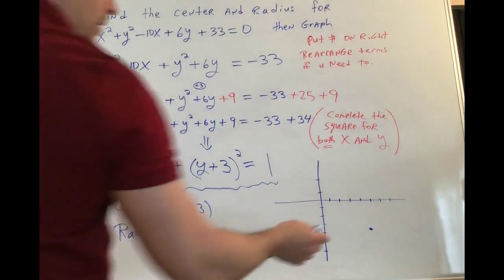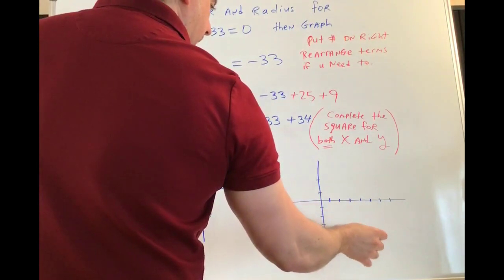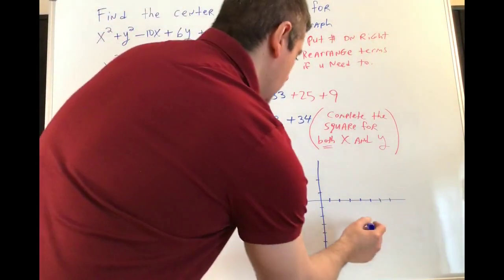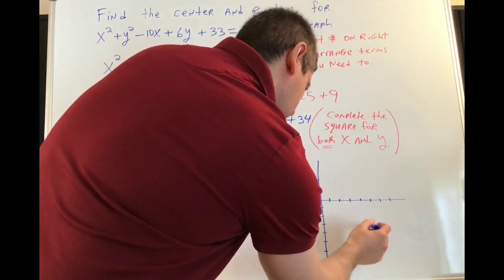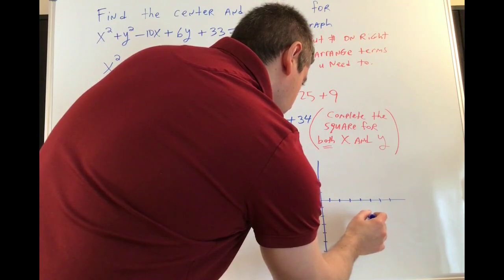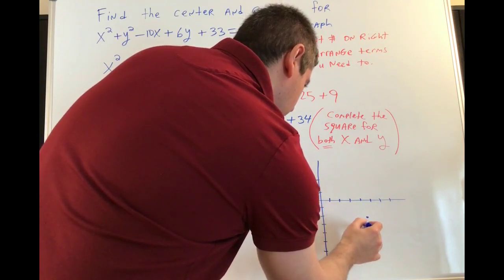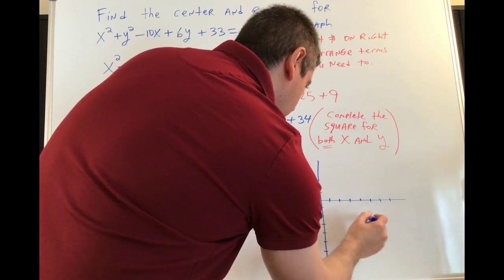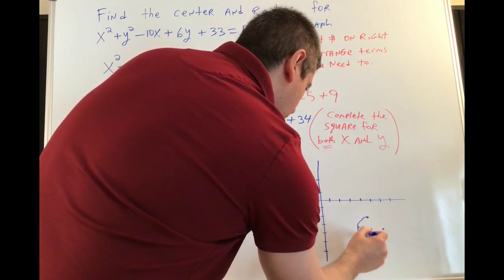Now I'm going to go up 1, down 1, left 1, right 1, because the radius is 1. So I'm going to go up 1. I missed my 5 there. Whatever. Up 1. Left 1, right 1, down 1, make a bunch of arcs.